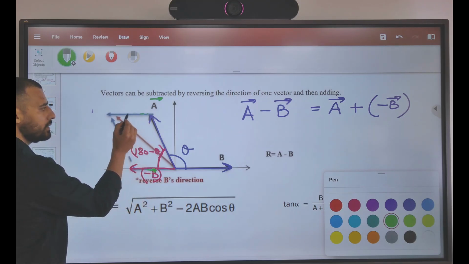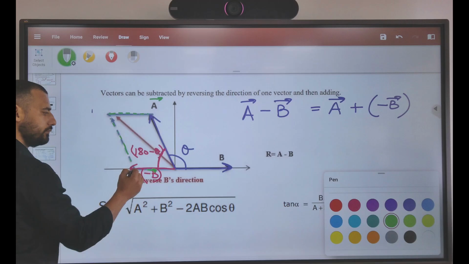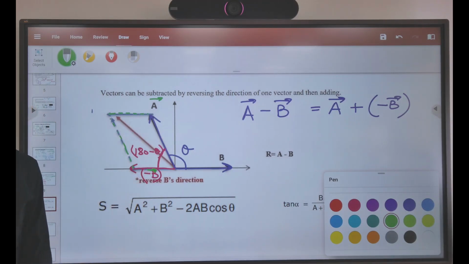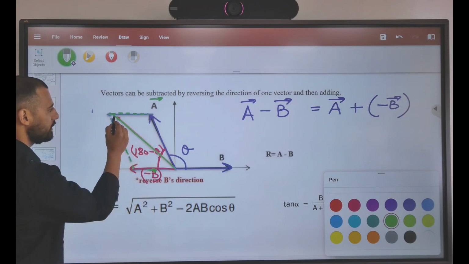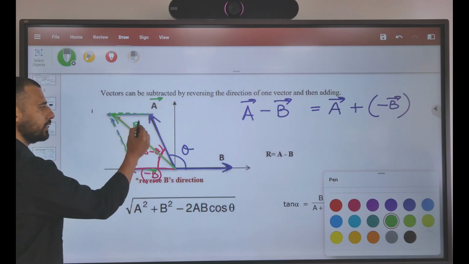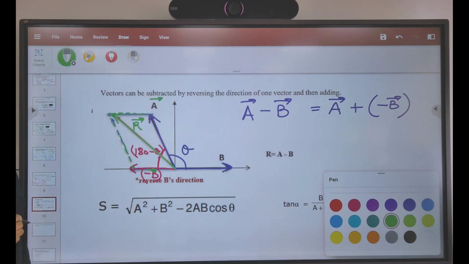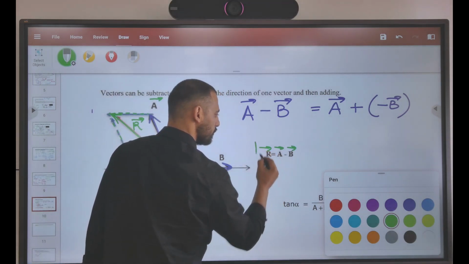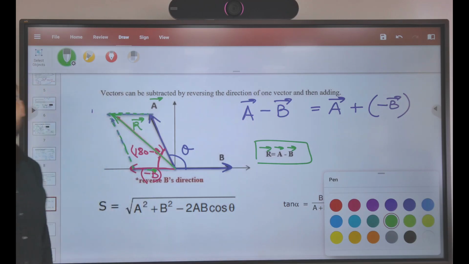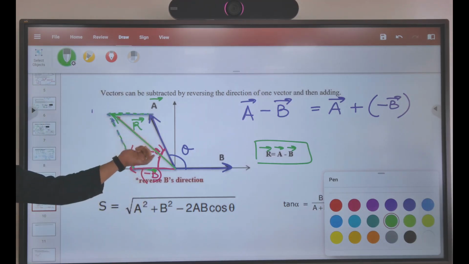Will it be something like this? The diagonal gives the resultant. Do you remember that? The diagonal gives the resultant. So this is the diagonal, and this will give me the resultant. So the resultant would be A minus B.